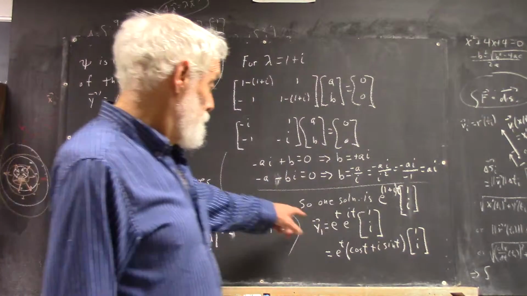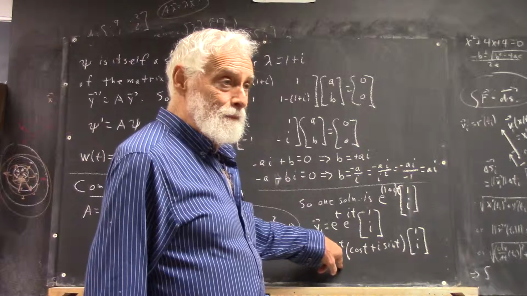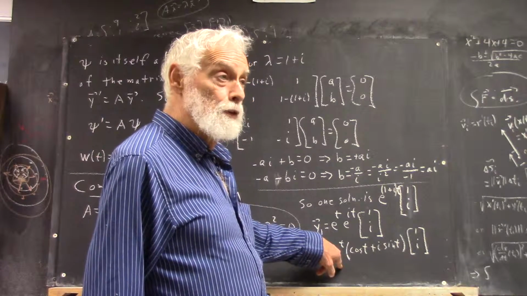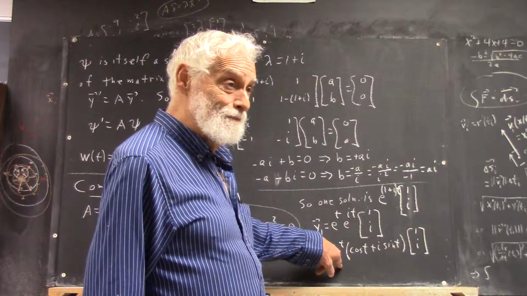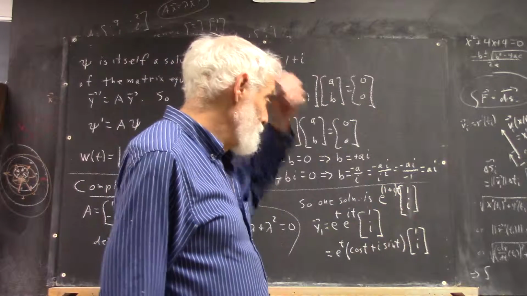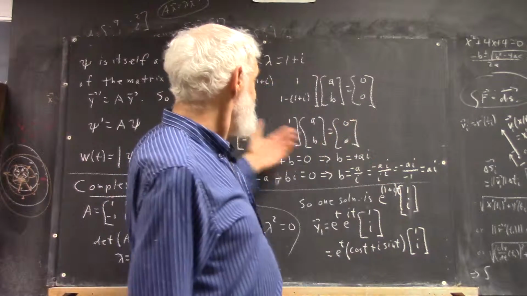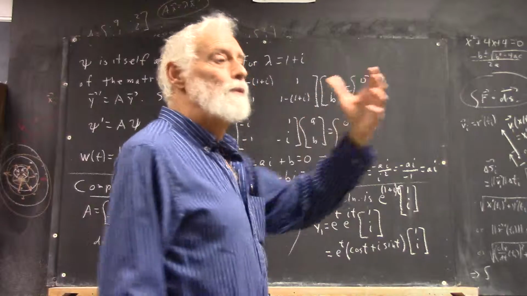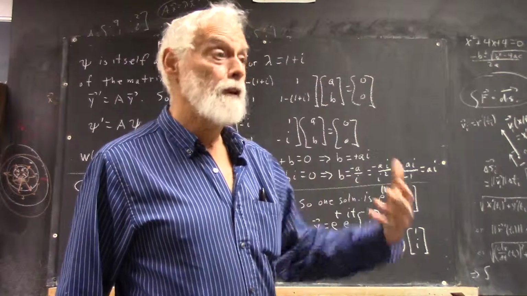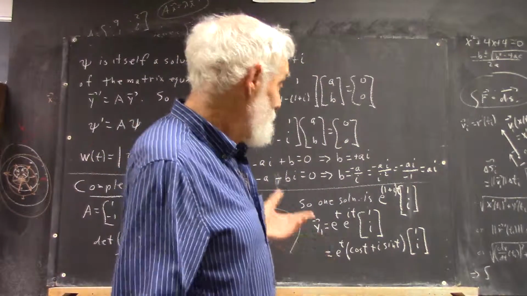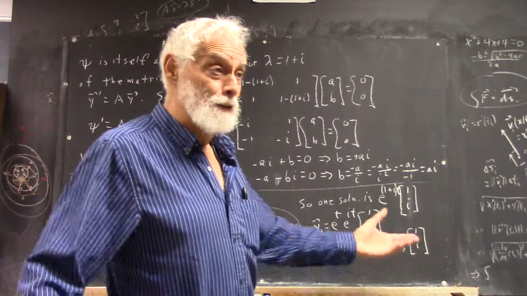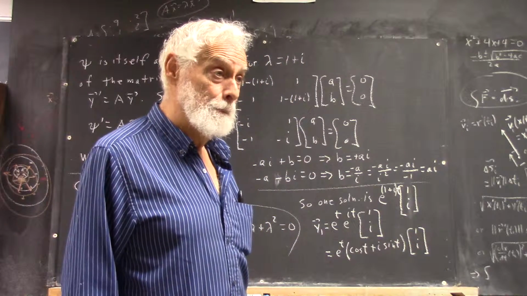So here's our y1 function. And it should be no surprise to you that when we have a complex valued eigenvalue, just like when you have a complex solution to your characteristic equation, you end up using Euler's identity and getting sines and cosines. Okay?